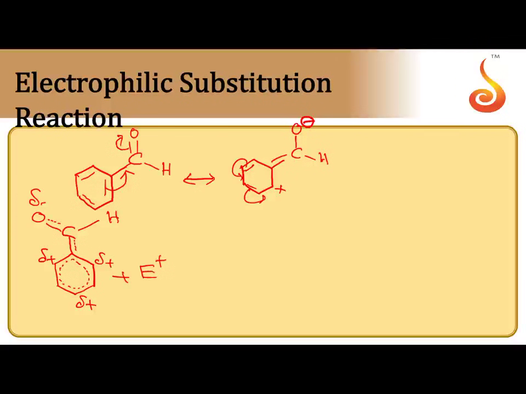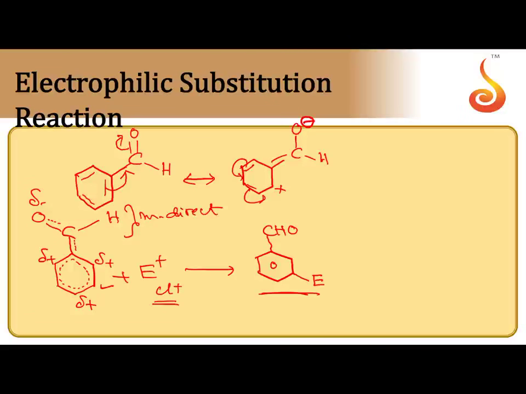So whenever an electrophile like Cl plus is coming, it prefers to attack at the meta position. So benzaldehyde or an aromatic ketone acts as a meta-directing group. The incoming electrophile prefers to attack at the meta position. So CHO is acting as a meta-directing group and a ring deactivating group.